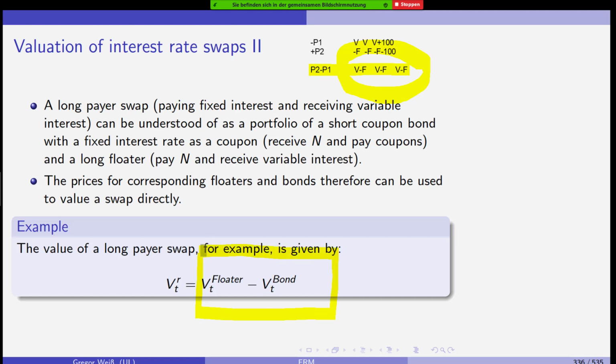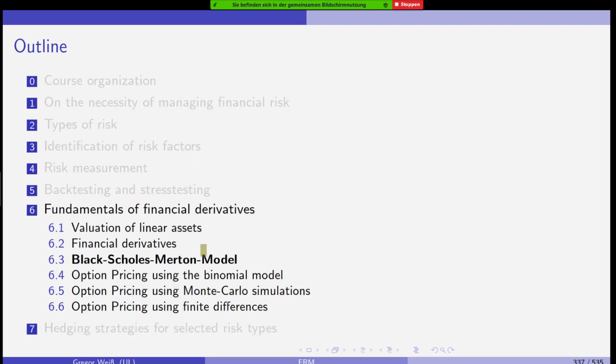So valuation for an interest rate swap is very simple. You only need corresponding fixed income interest-bearing products on the market, a floating rate note and a bond, and you're done. Okay. Any questions until this point?